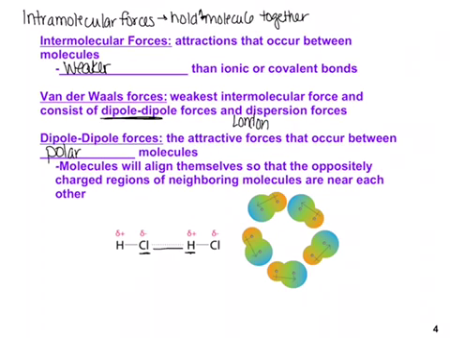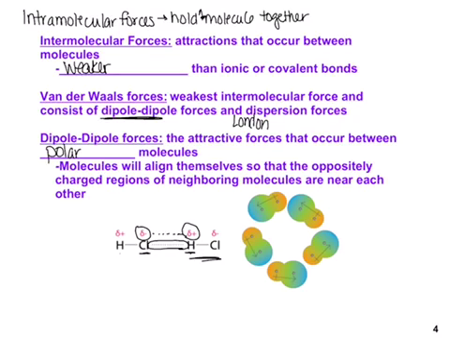So we draw this with the dashed lines here, indicating that because the chlorine is partially negative, there's some attraction to this partially positive hydrogen part of another molecule.